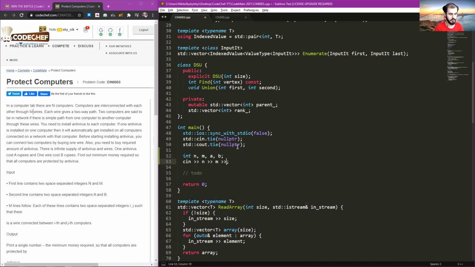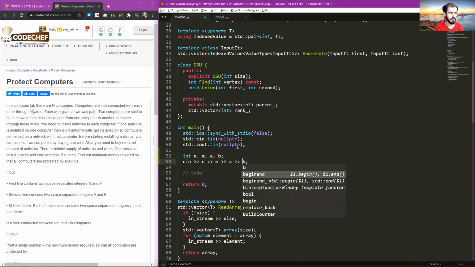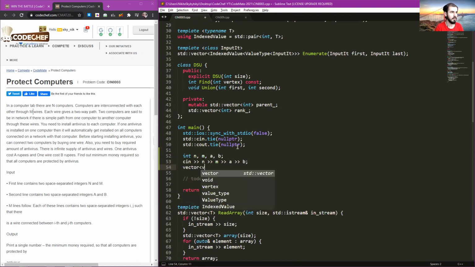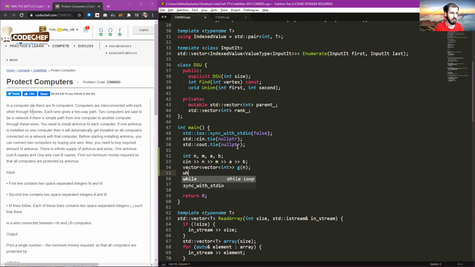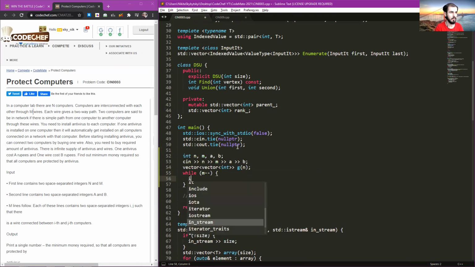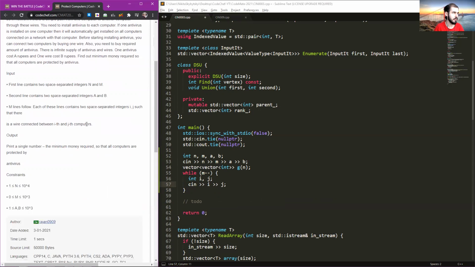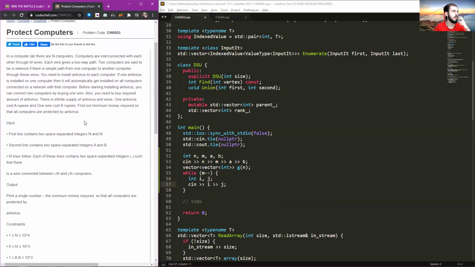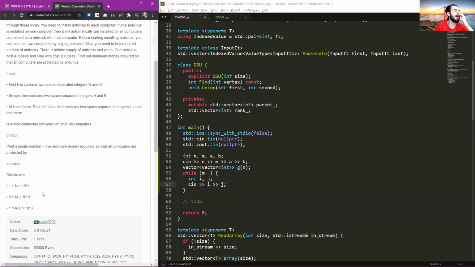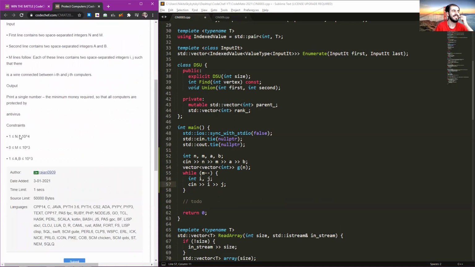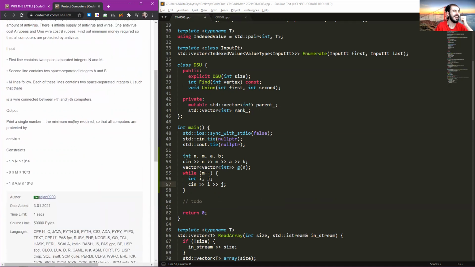Is this like a source and destination, or what is this? I hope that your computers are numbered 0 to... Where are the constraints on I and J?